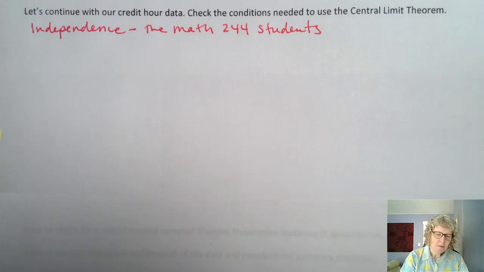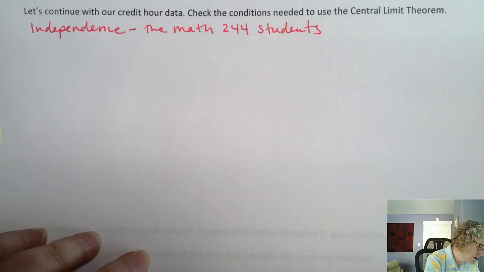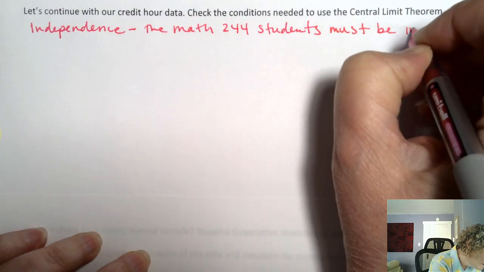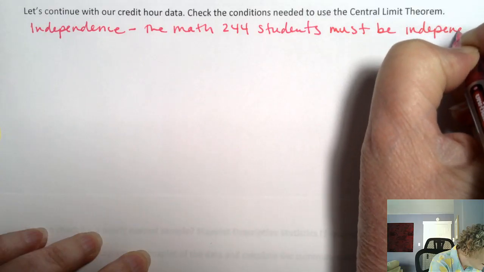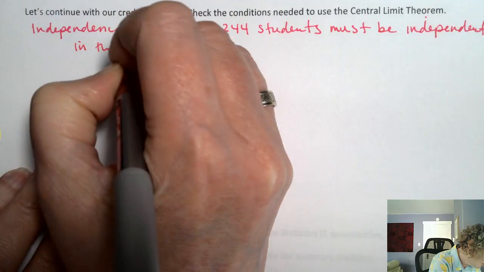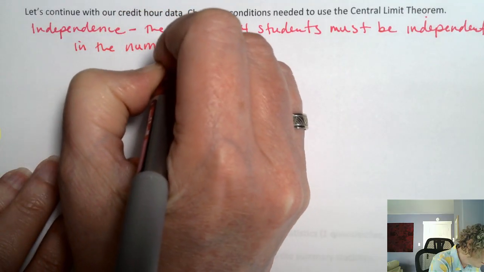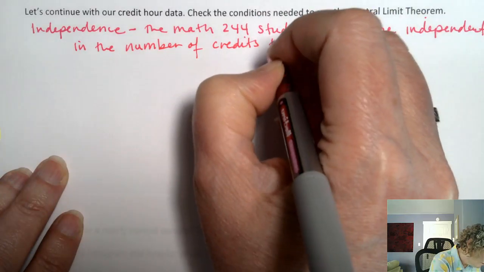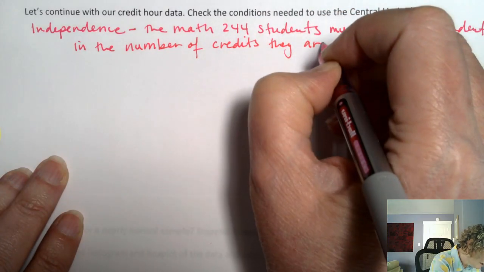But those samples need to be independent in the number of credits they're taking. That's the variable we're measuring. Must be independent in the number of credits they are taking.